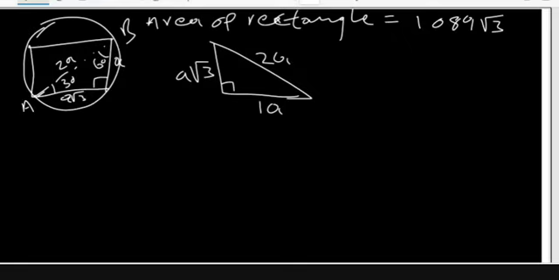From here, remember they said the area is this. The area of the rectangle is simply length times breadth. That is A times A root 3, and they say that is equal to 1089 root 3.